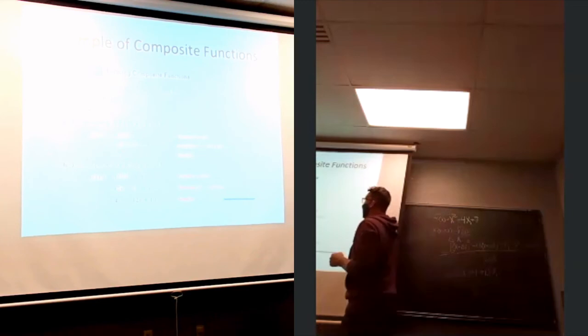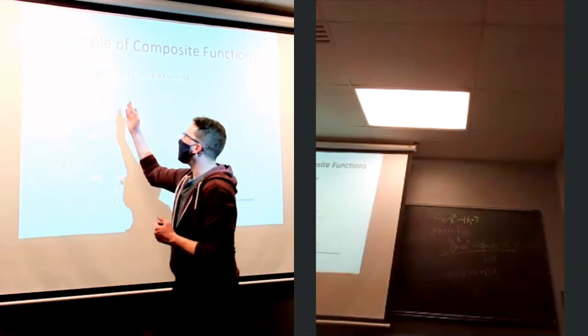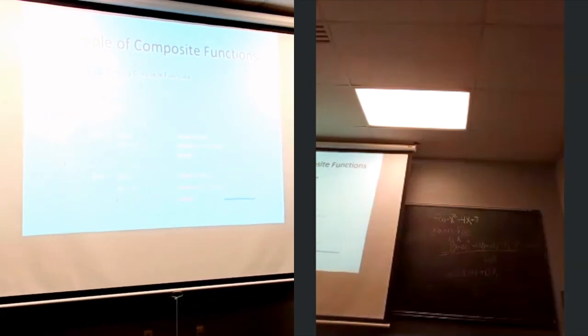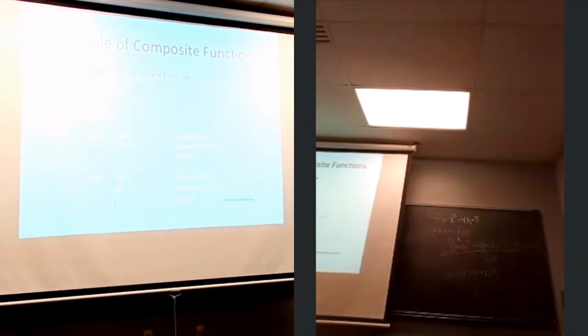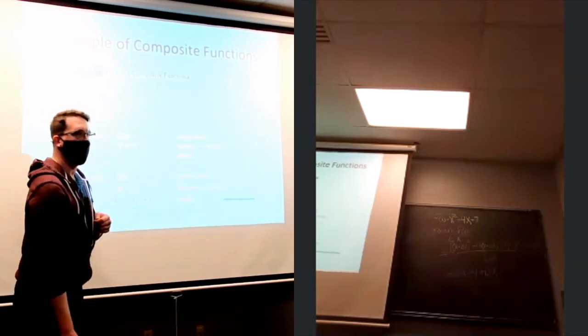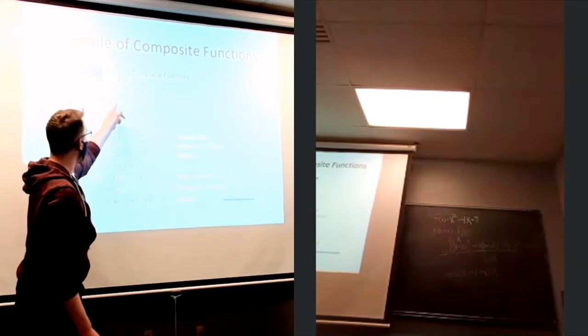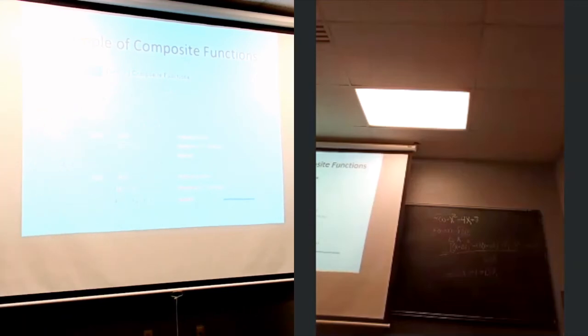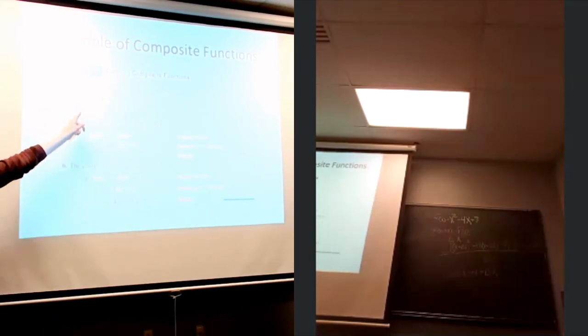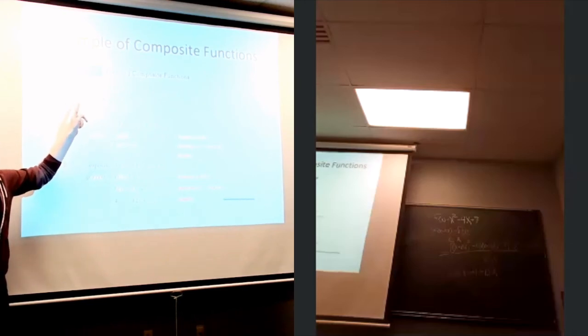As an example of what this might look like, we've got two different functions up here, 2x minus 3 and x squared plus 1. The first case, we're going to put g into f. And in the second case, we're going to put f into g. So what we're saying here is do g on x, and then put it into f.